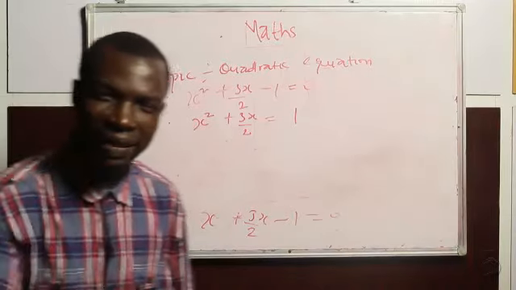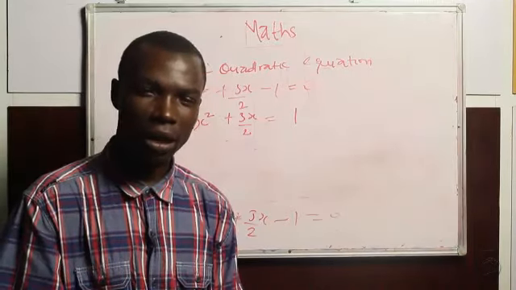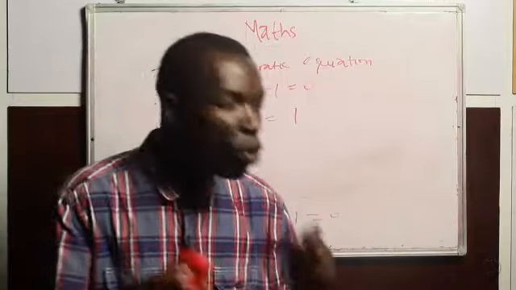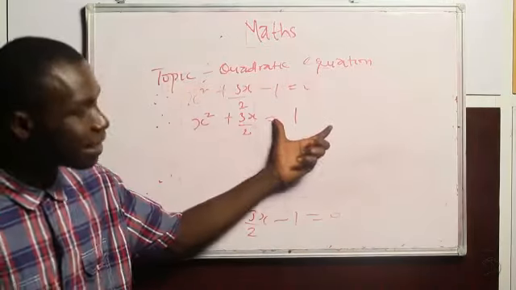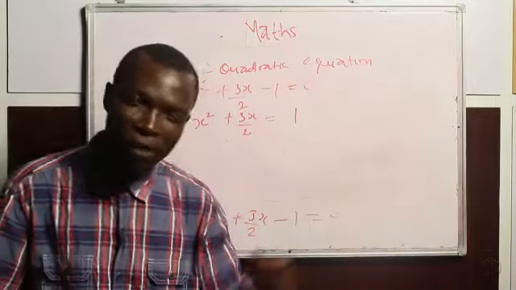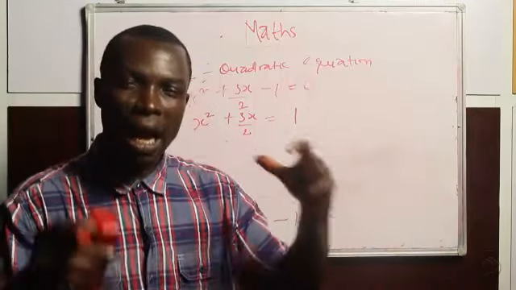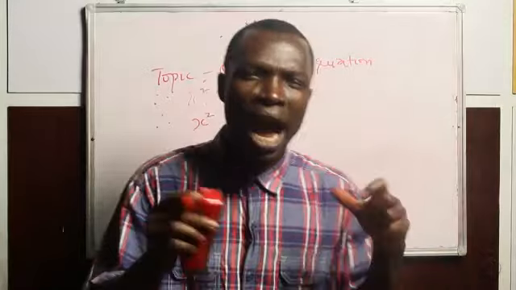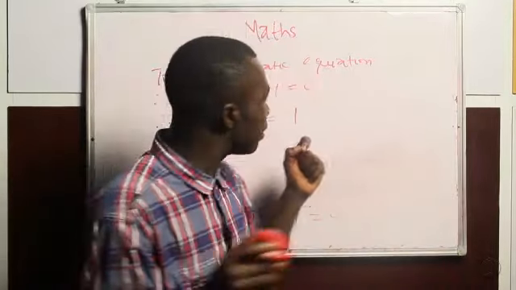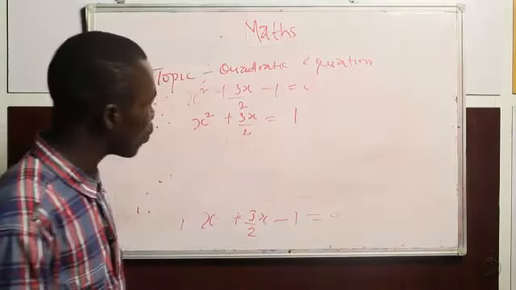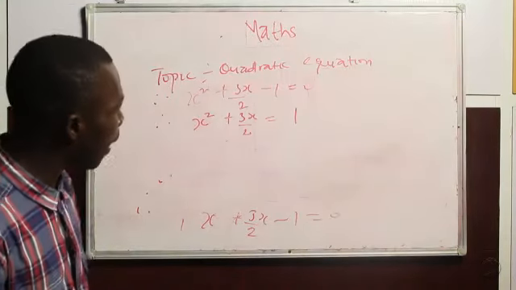What is the next step that we have to take? The next step is that we make sure that both the left hand side and the right hand side, we make it a perfect square. How do we make our right hand side a perfect square and our left hand side a perfect square?